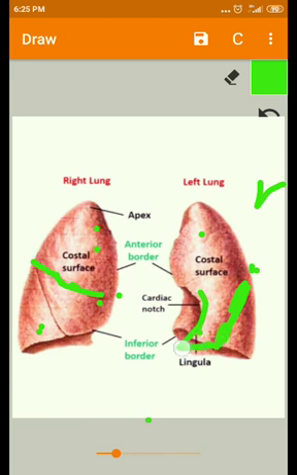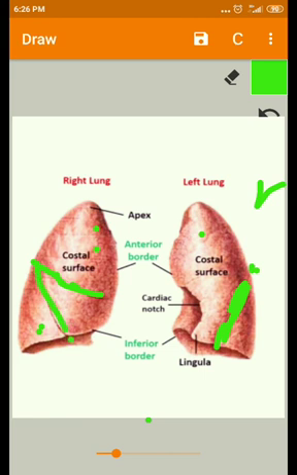Here we can see the tongue shaped projection called lingula, which corresponds to the middle lobe of the right lung. On the left side there are only two lobes, on the right side there are three lobes.